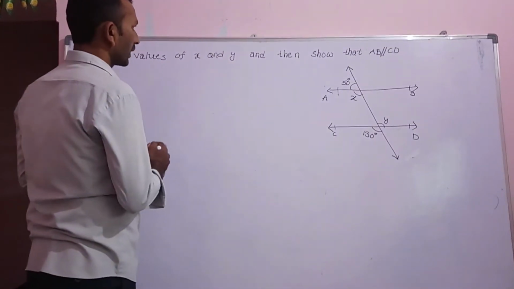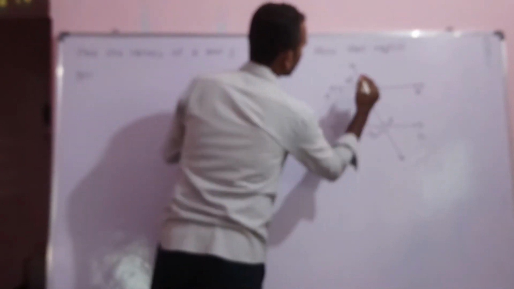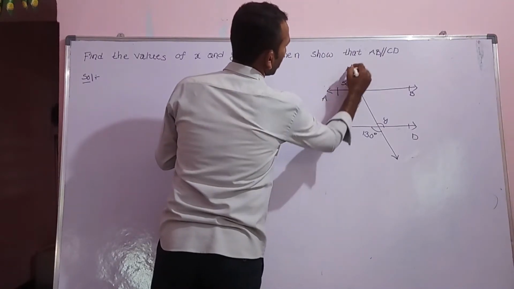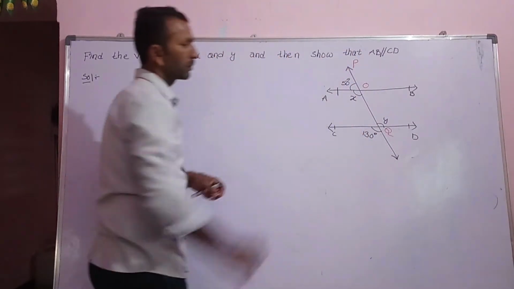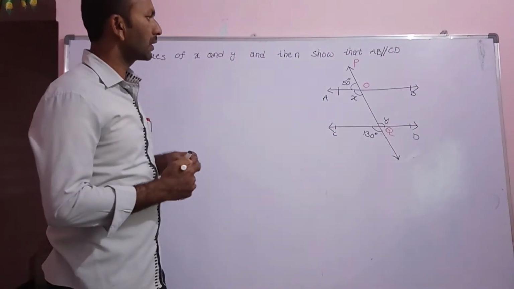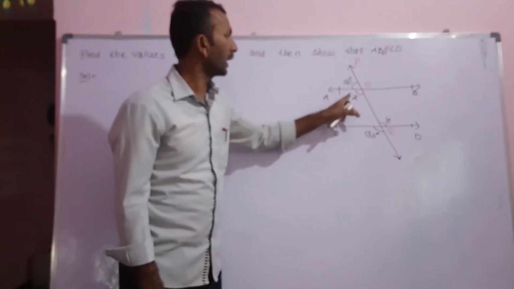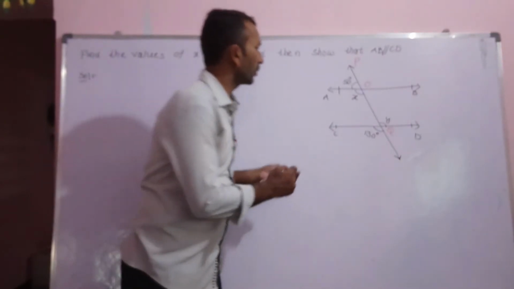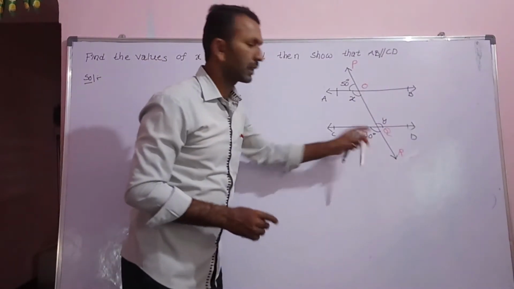Just indicate this point with O, this point with P, and this point with Q. Now we can say angle AOP is given as 50 degrees, and angle CQR is given as 130 degrees.